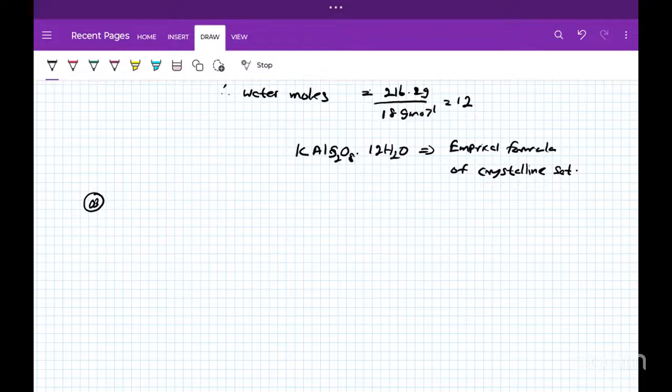So let's say this is M3O4. If this is M3O4, the oxygen percentage is 27.6%. And the next one, we don't know X, the formula of the second compound.